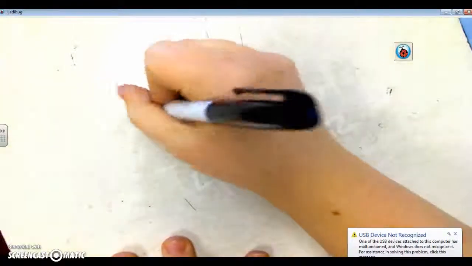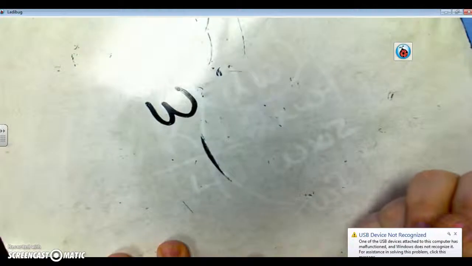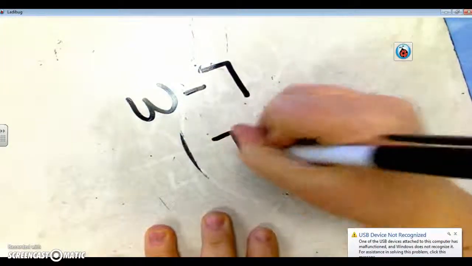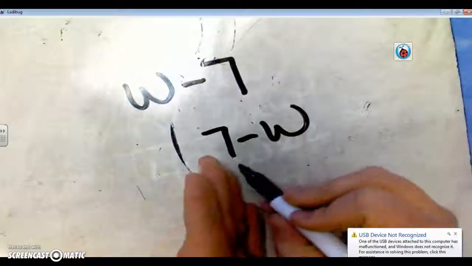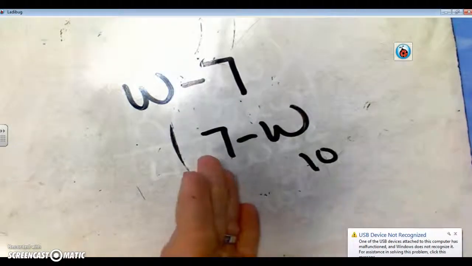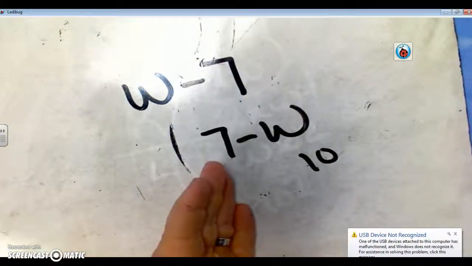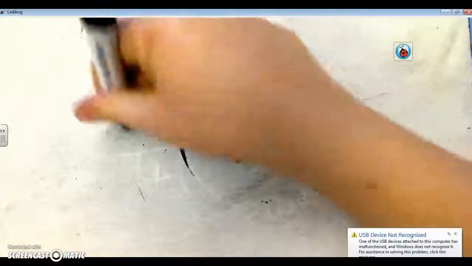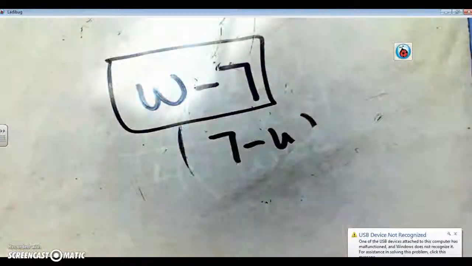So my current price, which is unknown, I have to subtract 7 from that. If you wrote it as this, you're saying $7 minus the current price. Well, what if the current price is 10? Okay? So, yes, it does matter that here you have the variable listed first.